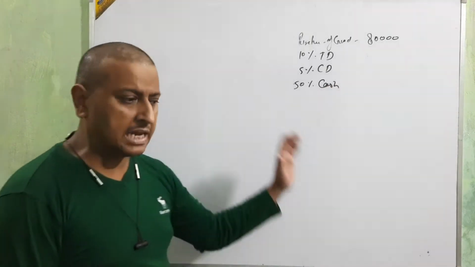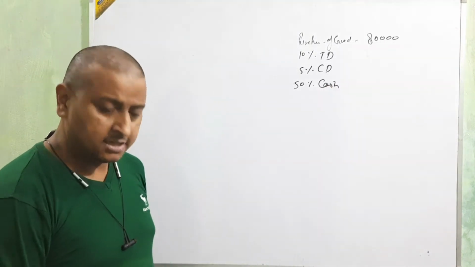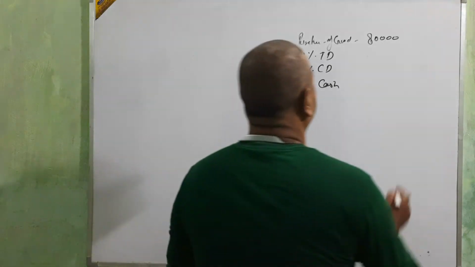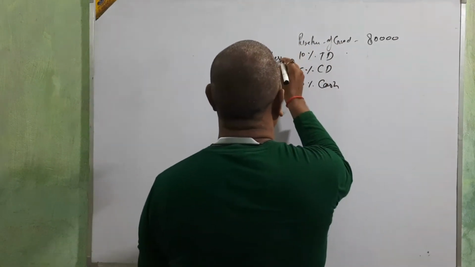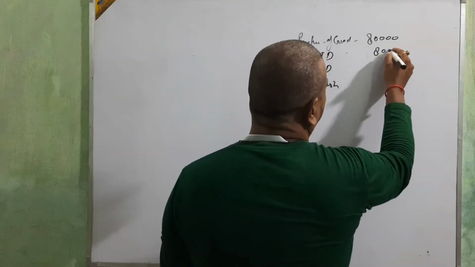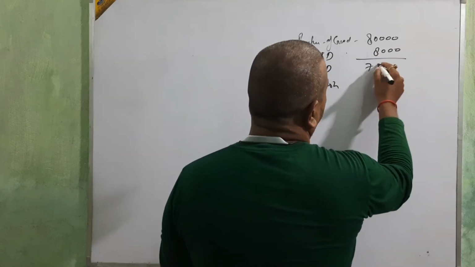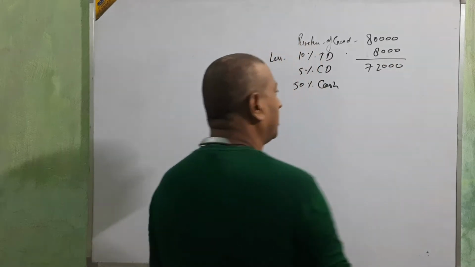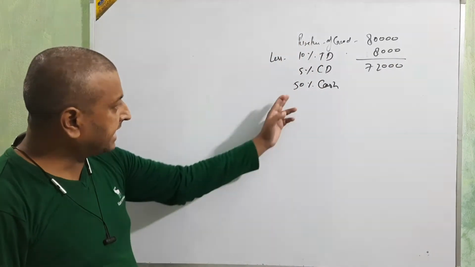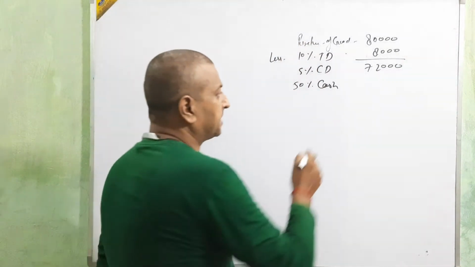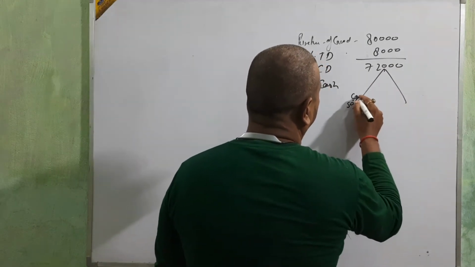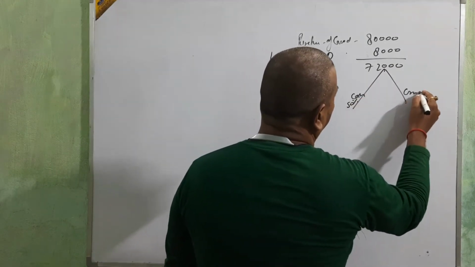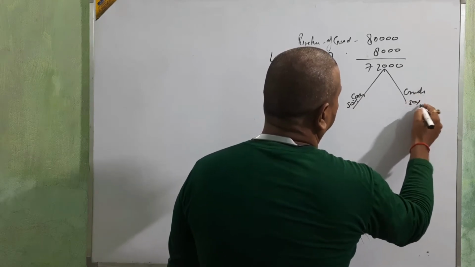If this type of case is given, then we start like this: 80,000 less first trade discount 8,000, then the total amount is 72,000, then cash received 50%. It means half is cash and half is credit.